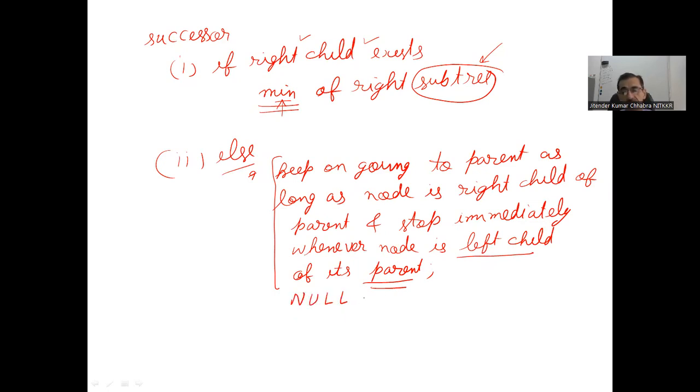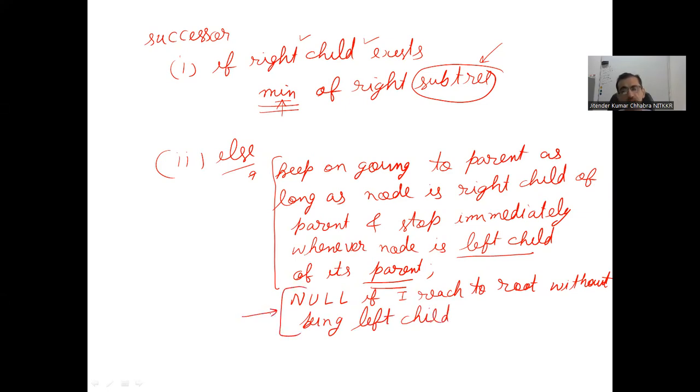So null if I reach the root without being the left child, that will mean unsuccessful case. And then I can easily say that I should return null. So this becomes successor.